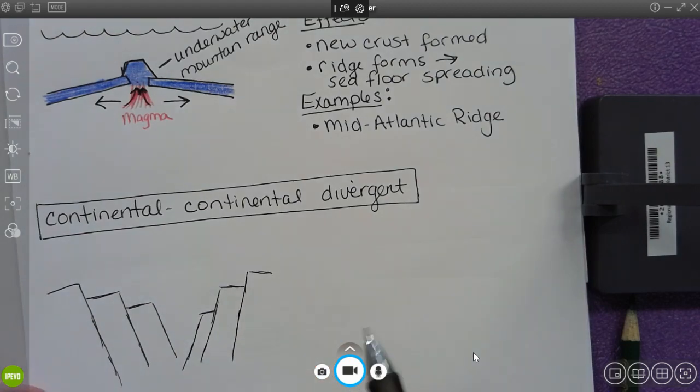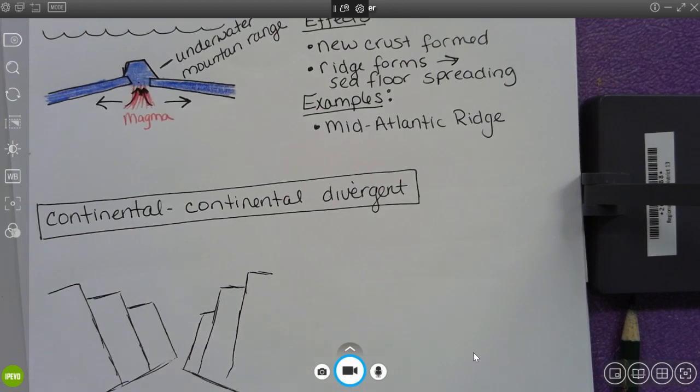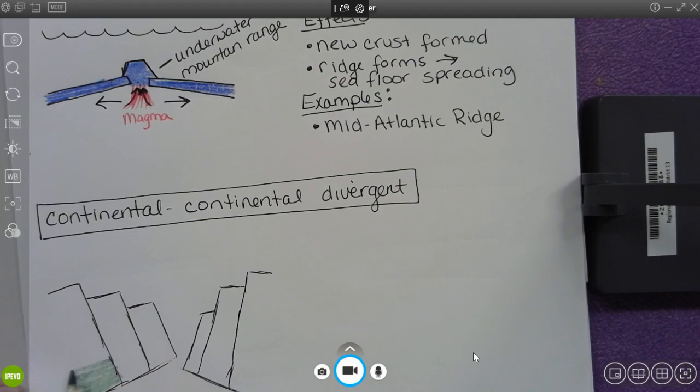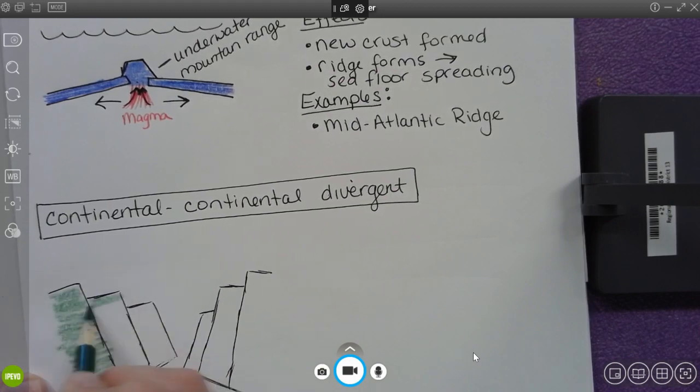And then we kind of show how these are connected. And then I can color it in, and you still may not be able to see it, and that's okay. These are two continental plates that are pulling apart from each other.